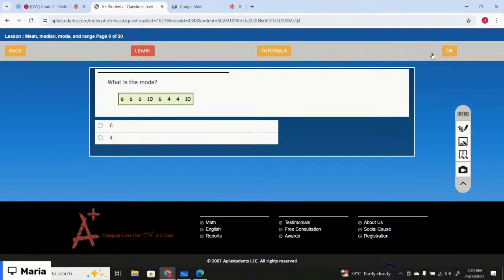So, mode is 6, right? 6 is the number that appears most of the time. So, the mode value is 6. Option number 1 is the correct option.